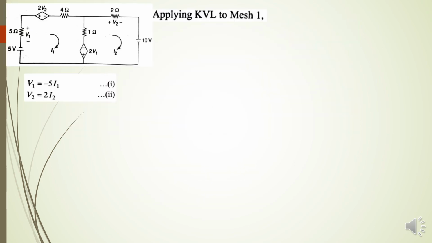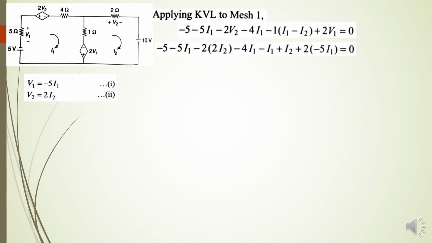Now apply KVL to mesh 1. Minus 5 minus 5I1 minus 2V2 minus 4I1 minus 1 times (I1 minus I2) plus 2V1 equal to 0.